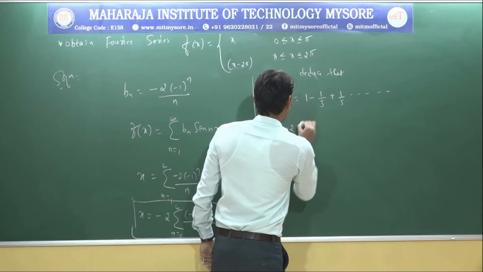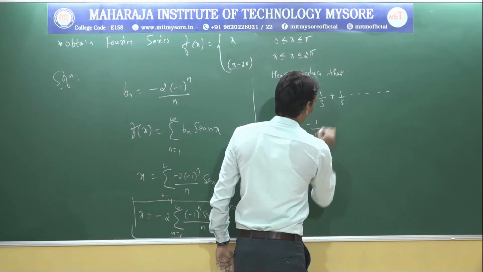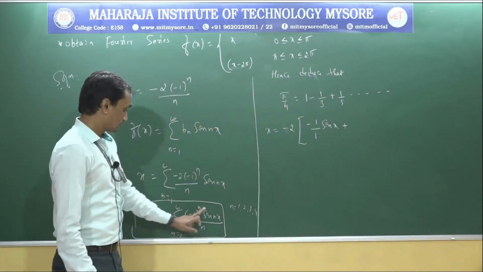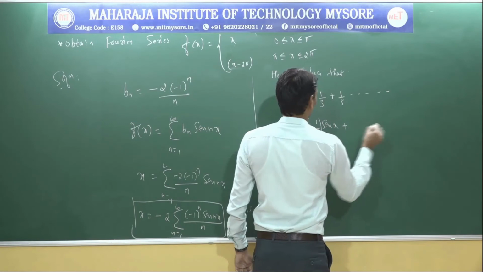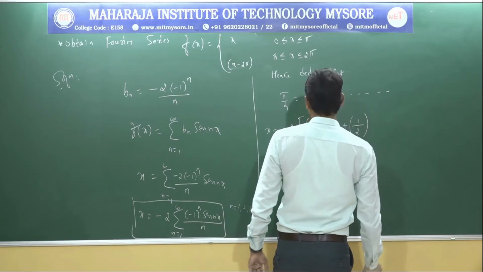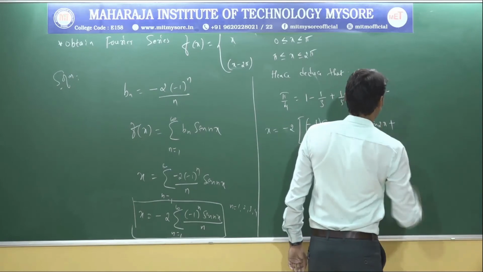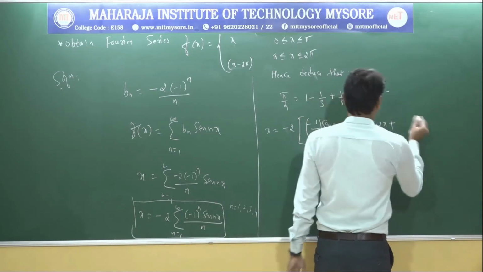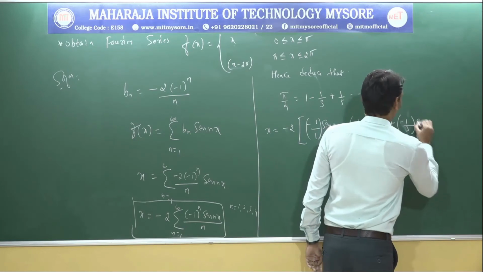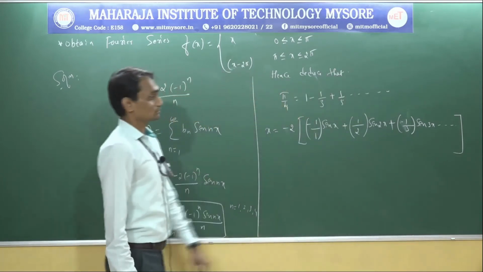So x equal to minus 2 bracket, n equal to 1: minus 1 by 1 into sin x, plus the second value, n equal to 2: 1 by 2, minus 1 the whole square, that is nothing but plus 1 by 2 into sin 2x, plus n equal to 3: minus 1 divided by 3 into sin 3x. Sufficient. Okay, n equal to 1 to 3 I substituted.